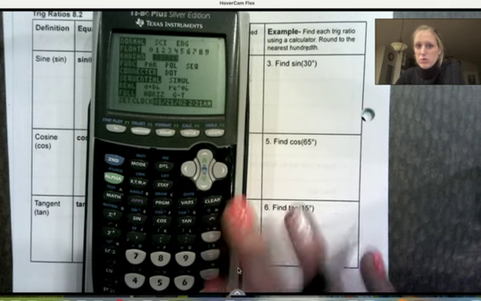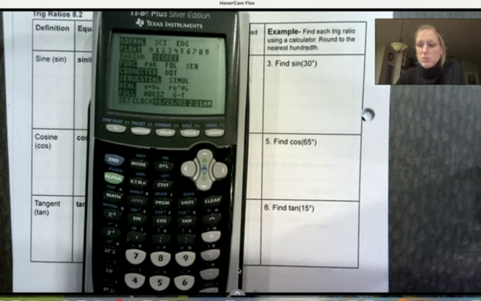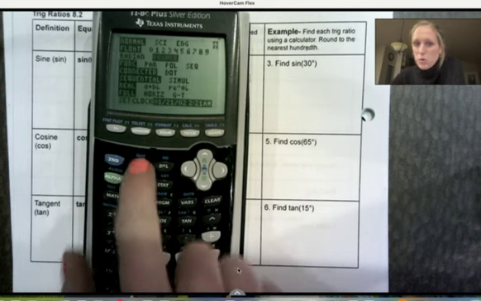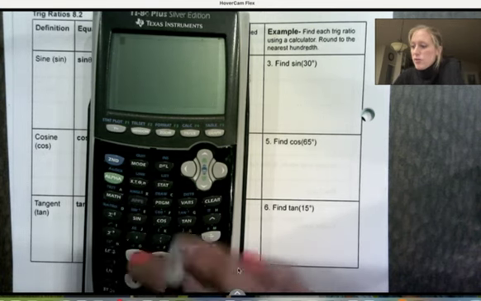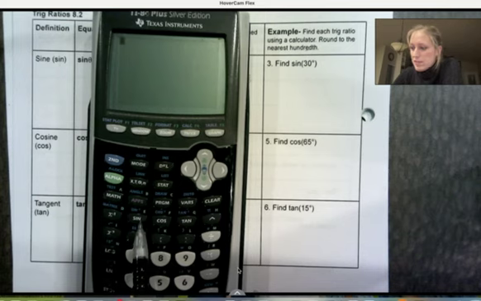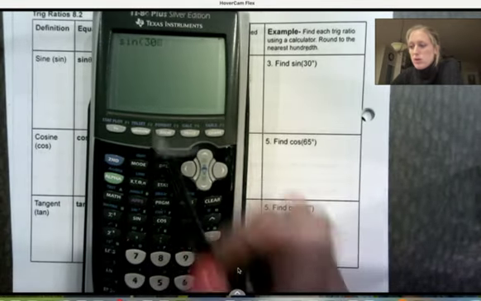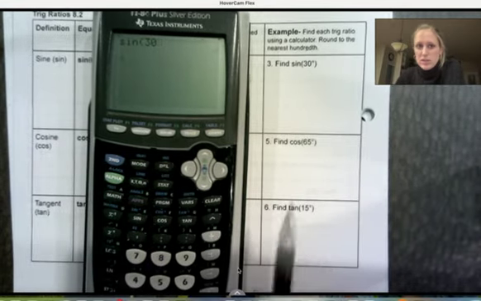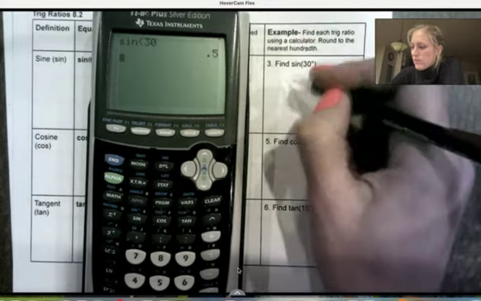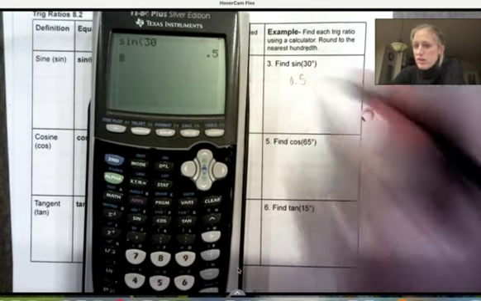If it's not, scroll over, hit enter till that's the highlighted one, and then second quit to get out of that. Here are my trig buttons. I have sine, cosine, and tangent. We're going to type in sine of 30, and because we put it in degree mode, it knows this is an angle in degrees. Then I just hit enter. So sine of 30 is 0.5.